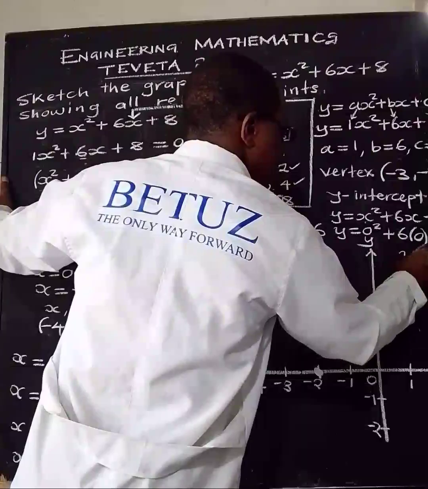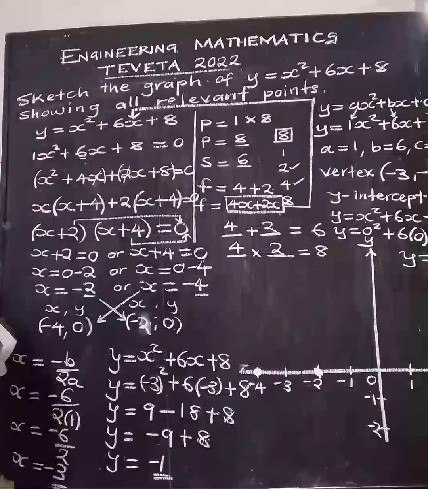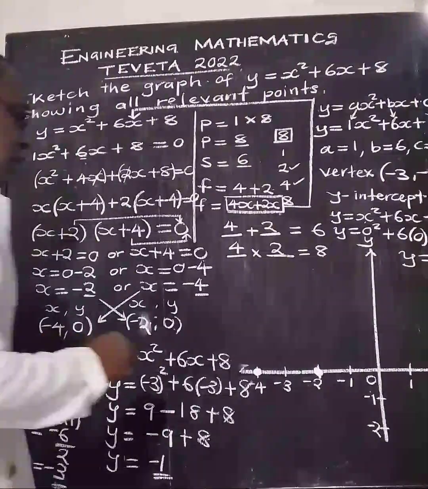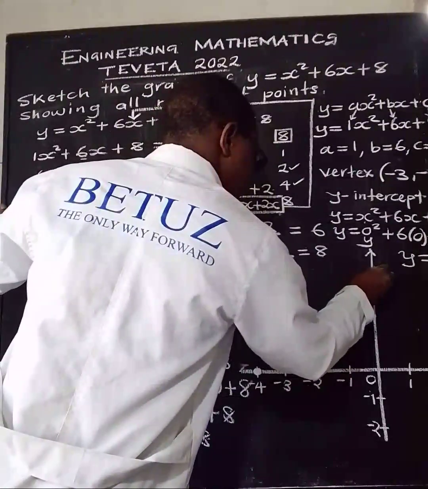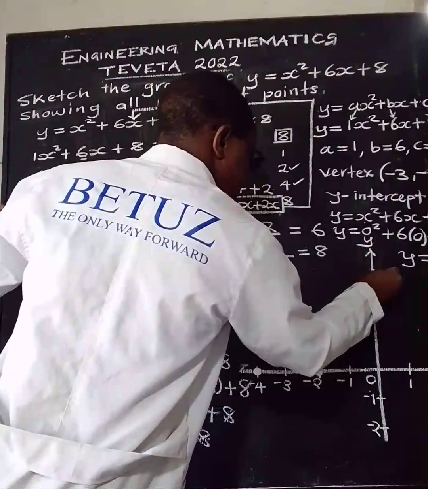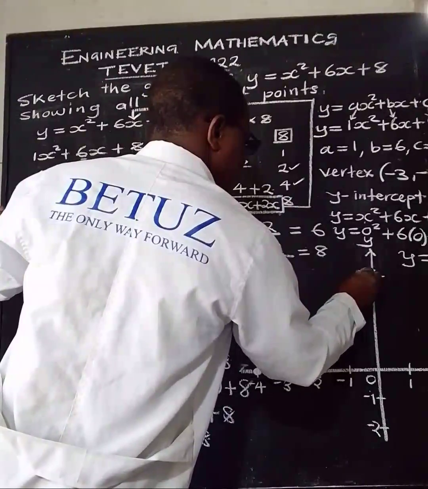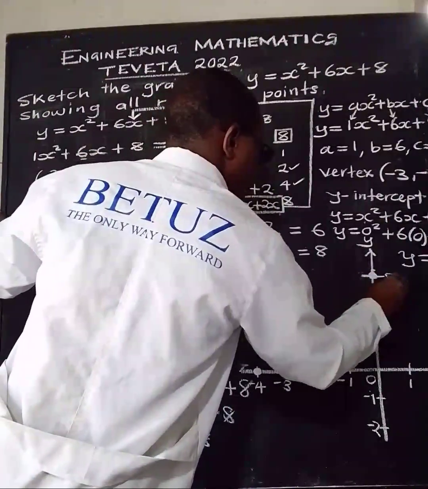So the y-intercept is equal to what? 8. Okay, so y-intercept is equal to 8. Let's say this is where 8 is.